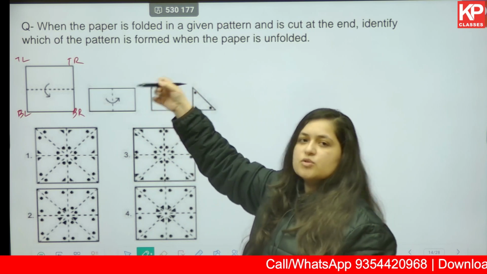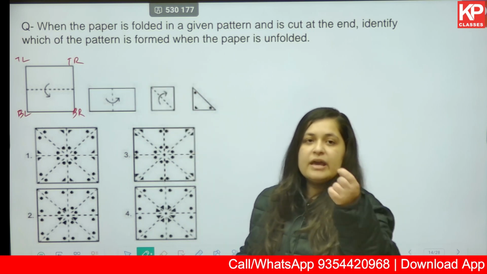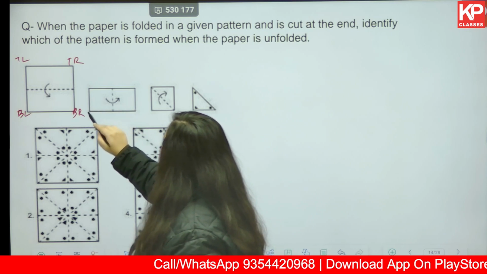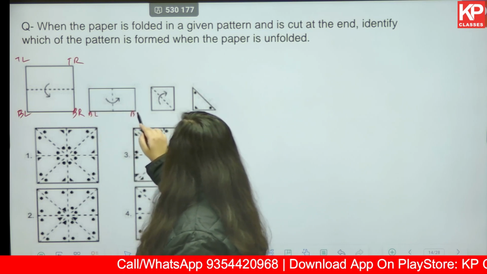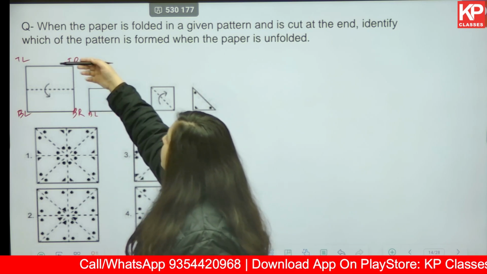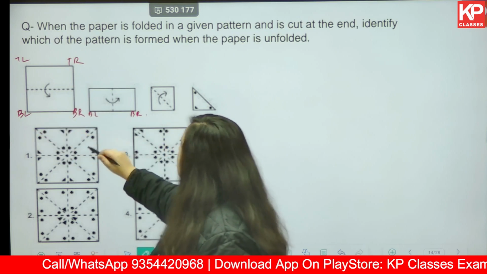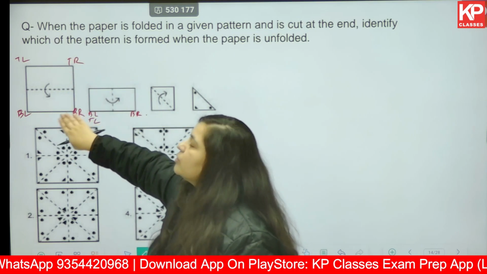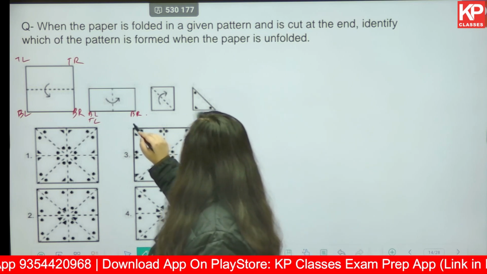Once this square gets folded, where are these positions coming now in the revised figure? This is the bottom left, this is the bottom right, that remains as it is, but your top left is coming down with bottom left. So top left, and this top right is going to coincide with the bottom right part.